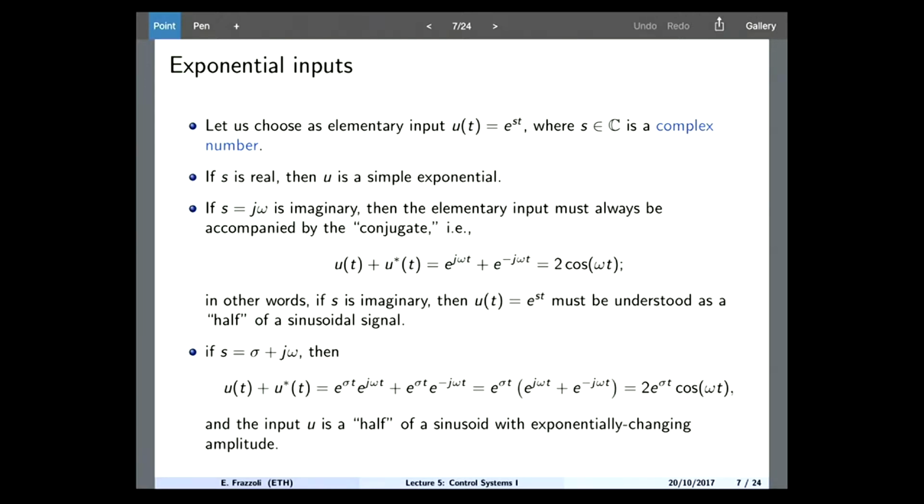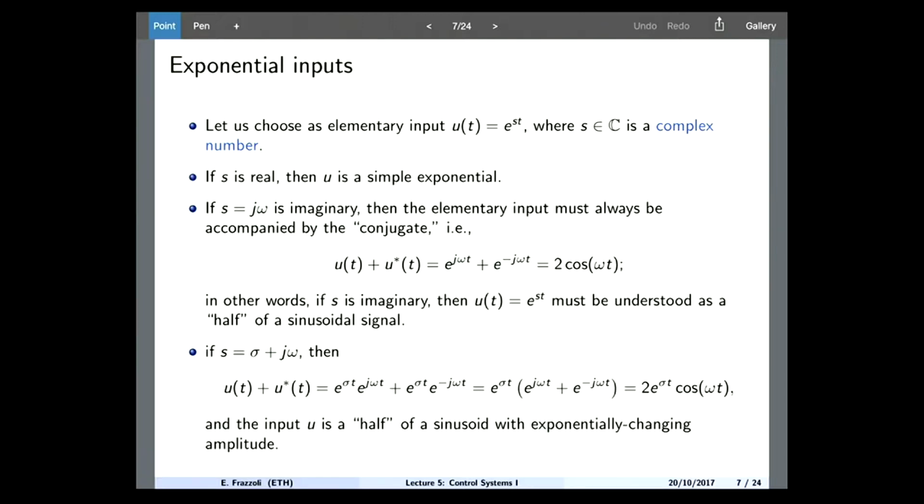What is the real part of S in this case? What is the imaginary part of S? Oh. Okay, your answer is half correct. Now flip a coin. Which one is one?